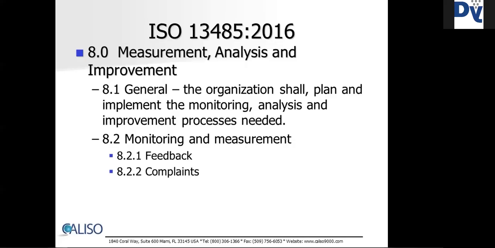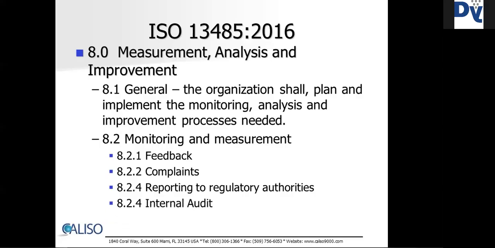The requirements are very similar, if not exactly the same, as the requirements for complaint handling by the FDA. Reporting to regulatory authorities. This requirement is for reporting complaints to the appropriate regulatory authority, such as the FDA, Canada, or your notified body.